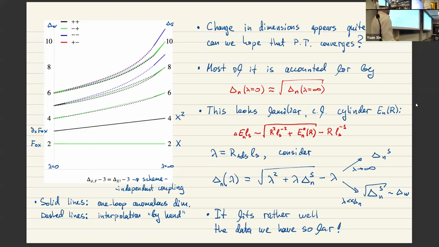While here, if I define lambda as r_AdS times l_s, let's consider a fitting formula for this, which I just copy-paste from here and replace r with r_AdS. This formula satisfies the condition that when I take lambda to infinity, it becomes delta strong. And when I take lambda much smaller than delta, it becomes the square root of delta strong, which matches delta weak very well. So this formula works pretty well for most of the dimensions we have here.